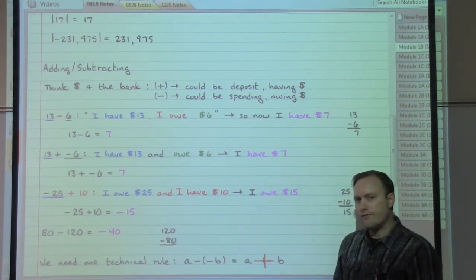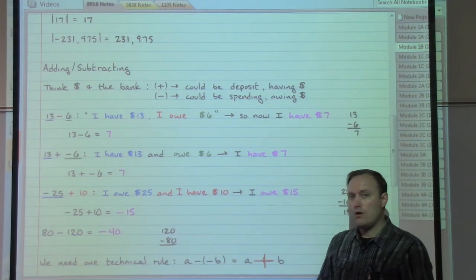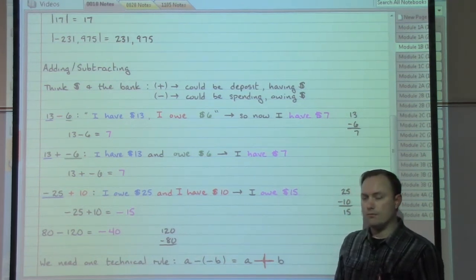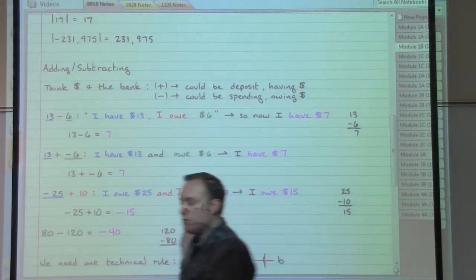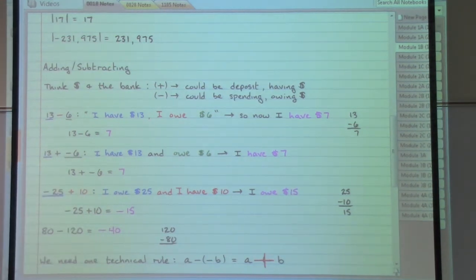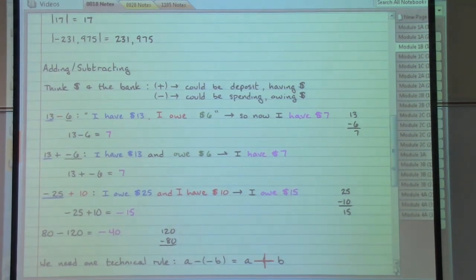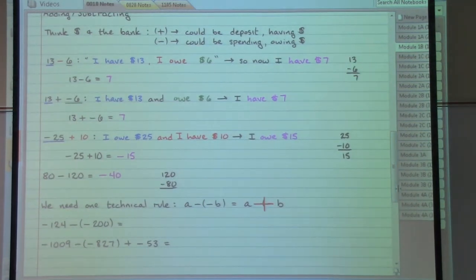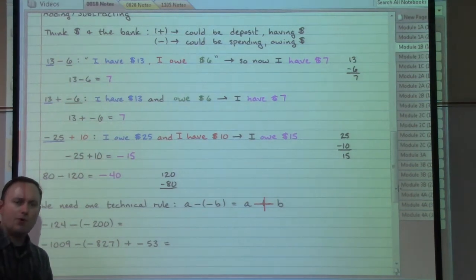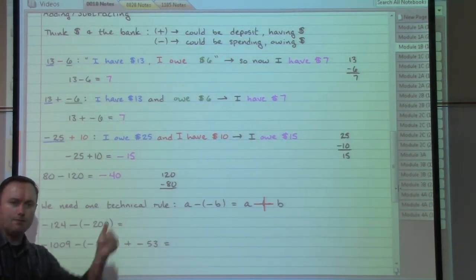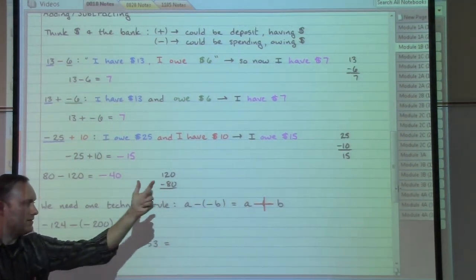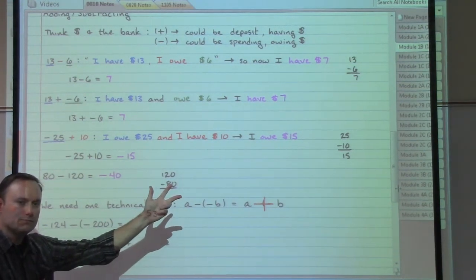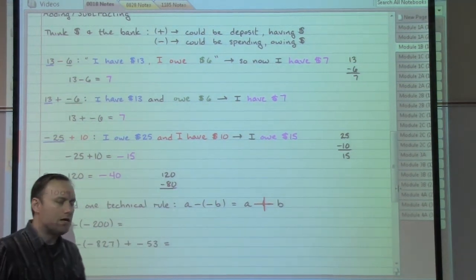We want to look for this first before we think about the money problem. Read through your problem and look for any of that double negative business. If you see any double negative business, replace that double negative, the minus, parentheses, negative. It's a more technical way of reading through that.